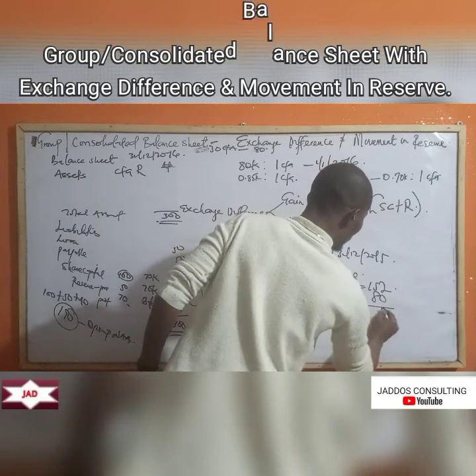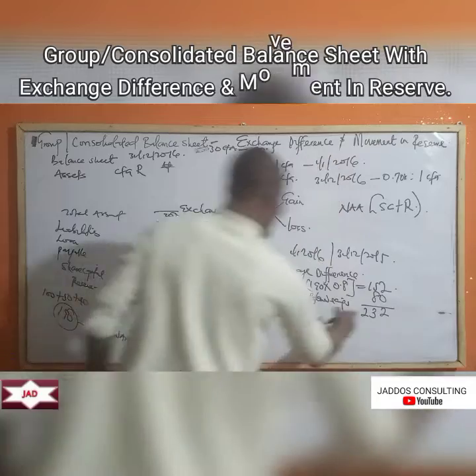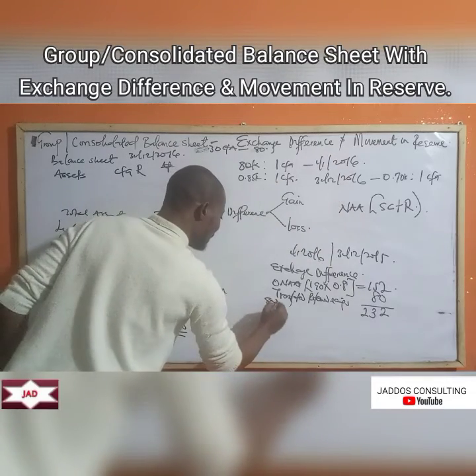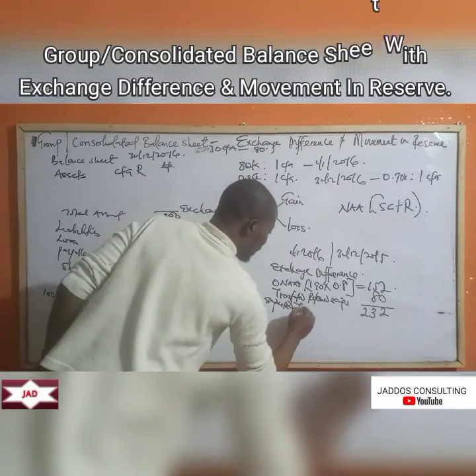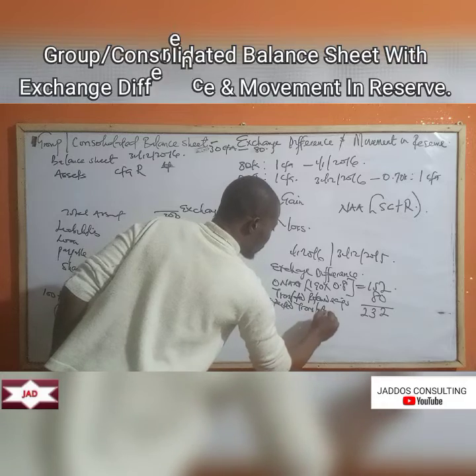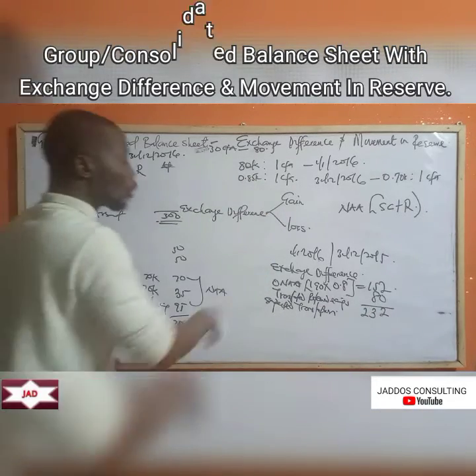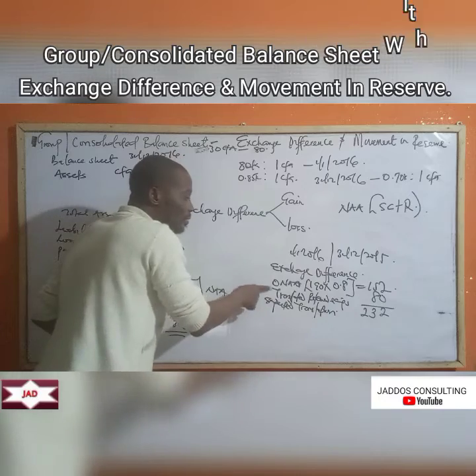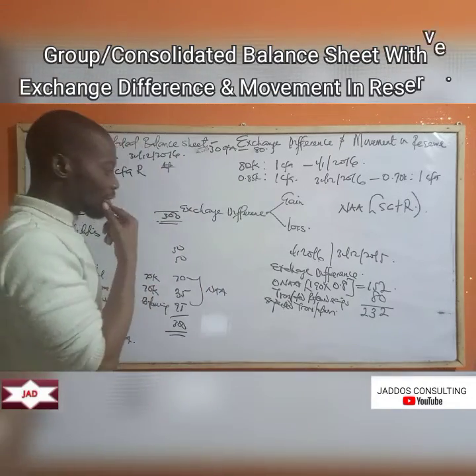So we now have 152 plus 80, I think is 232. So this is the expected translation. This is what we expect the translation to be, taking into consideration the opening net asset acquired and the retained earning translated. So this is the expectation.